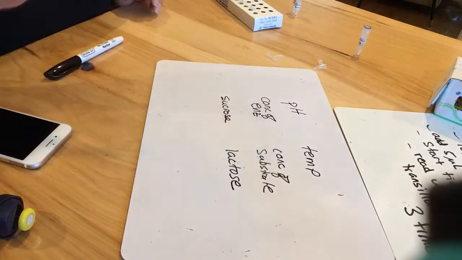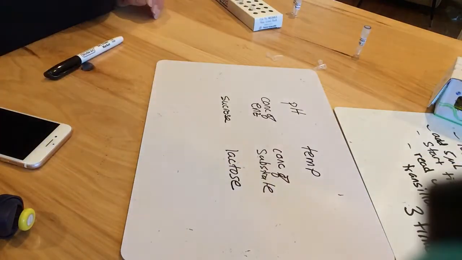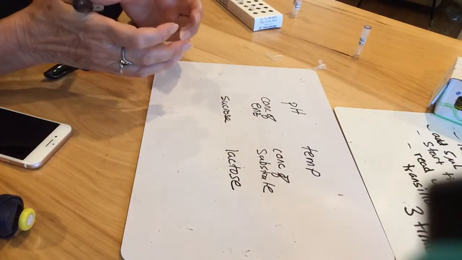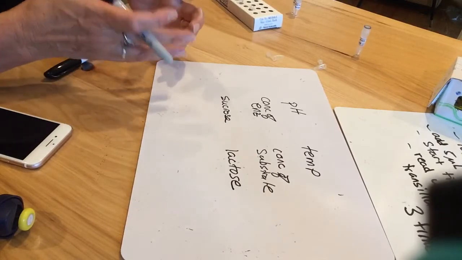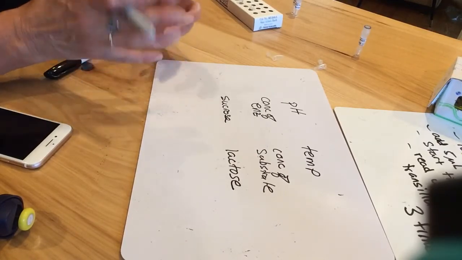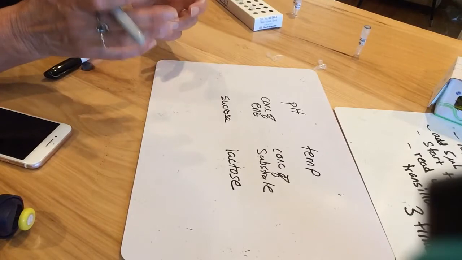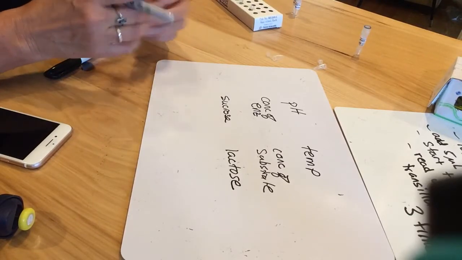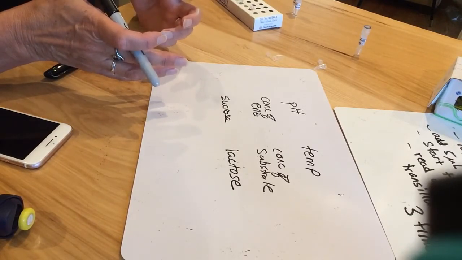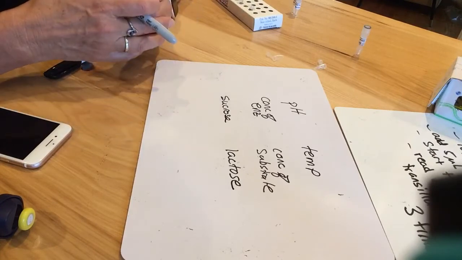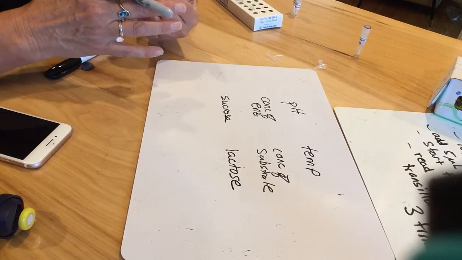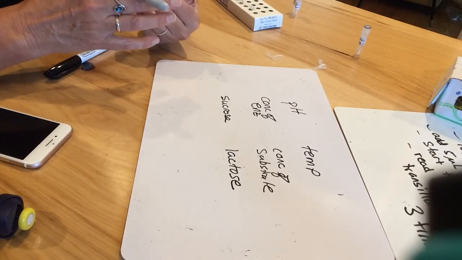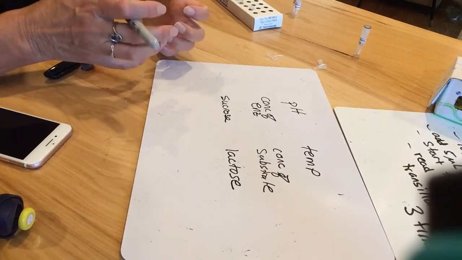And then if you're doing temperature, you're going to need a styrofoam cup and a thermometer, and then you're going to change the temperature. So you're going to do several different temperatures. You can do different cold temperatures, that's easiest, with different amounts of ice. And then you could do some warm water baths as well in a styrofoam cup.